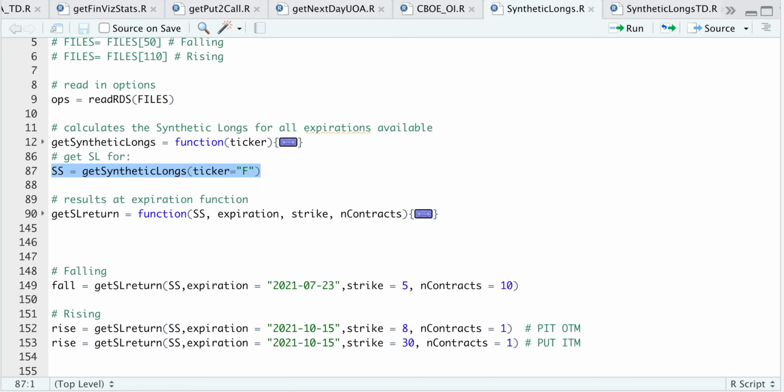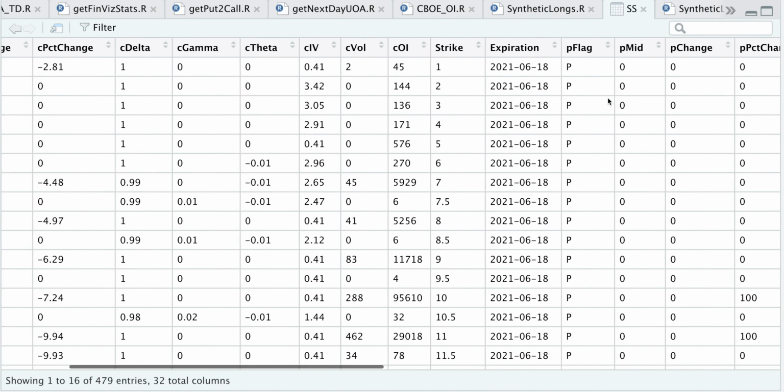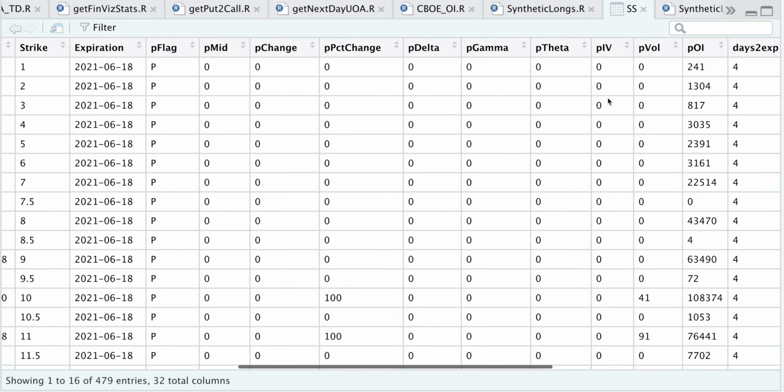And if we take a look at that data frame, all these columns that start with C are on the call side, and we get a divisor, which is the strike and the expiration. Then we have our put side, and all these columns begin with a lowercase p.